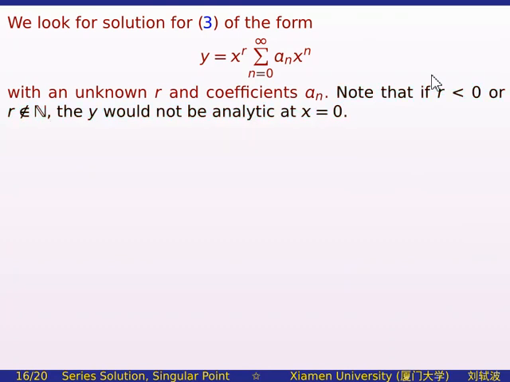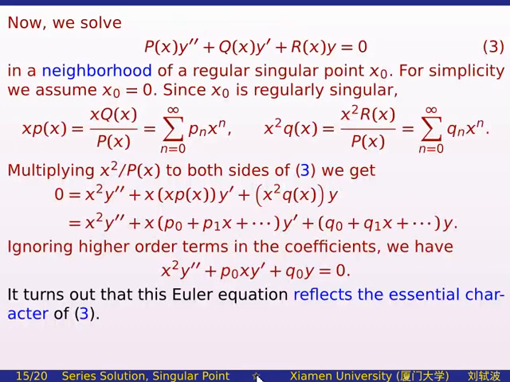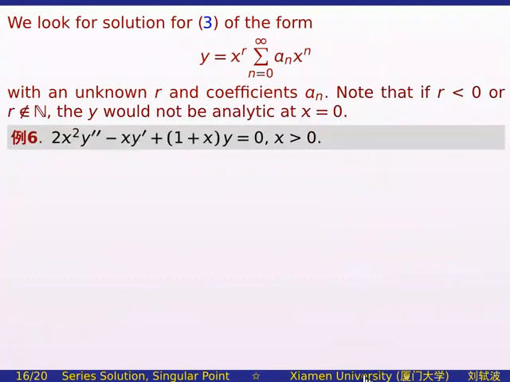We show you the method to do this by a concrete example, because it is not interesting to make a general discussion of this equation. So we use a concrete example.